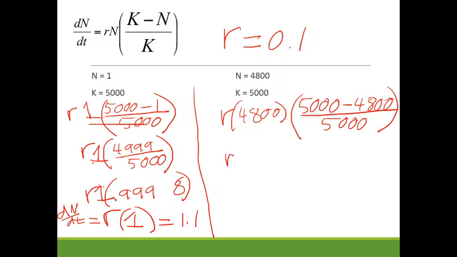What we get is r times 4,800, and this essentially becomes 200 over 5,000, which is 0.04. And then when you take 4,800 times 0.04, you get r times 192.